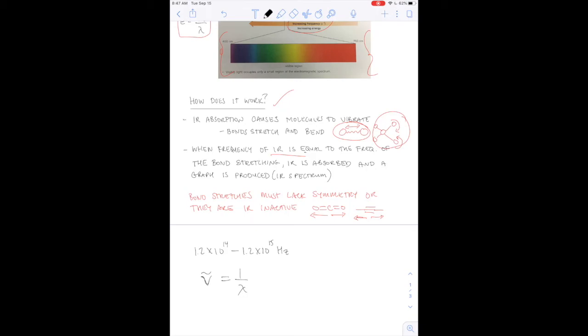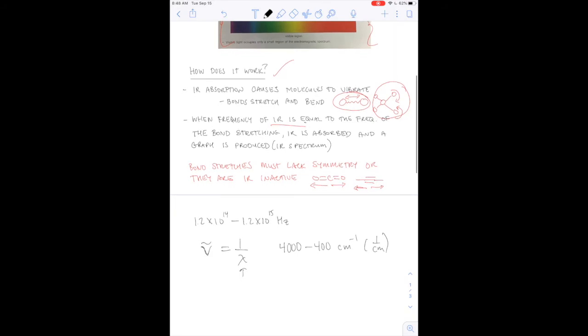And so the wave number is proportional to frequency, and so frequency increases as the wave number increases. And when we do this, we actually get to report our values from 4,000 to 400 inverse centimeters. So 1 over centimeters, hence 1 over lambda, the wavelength.